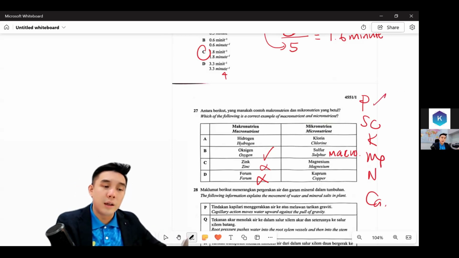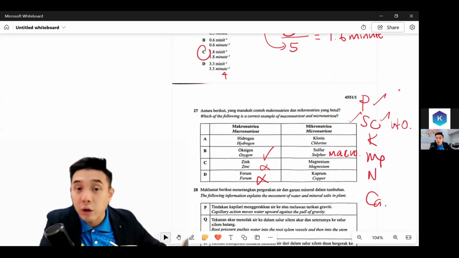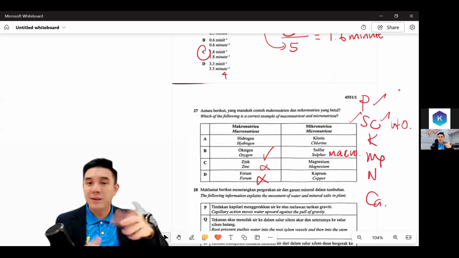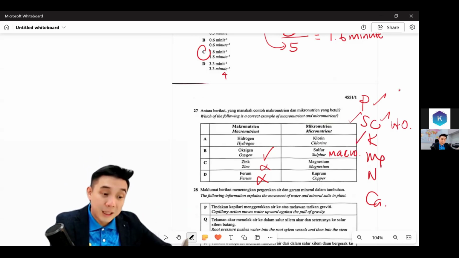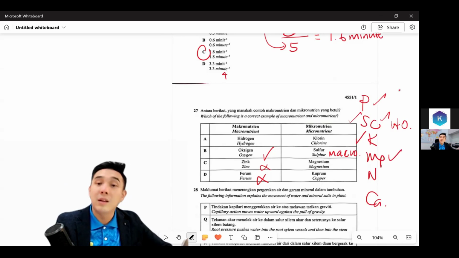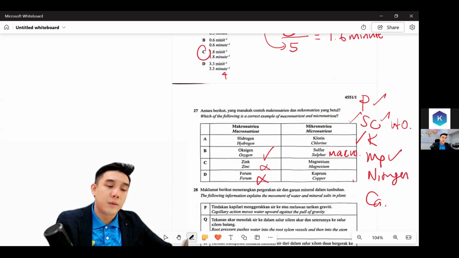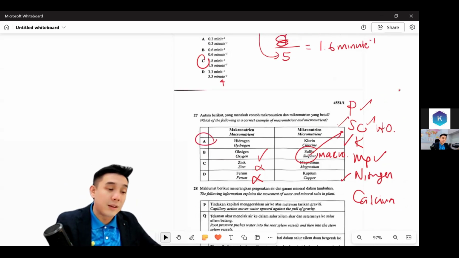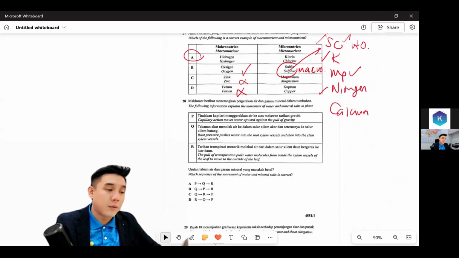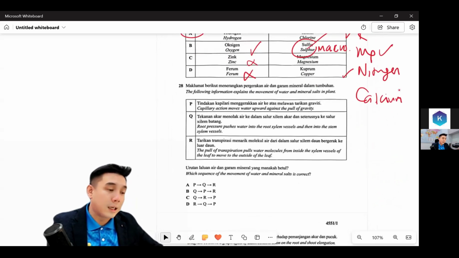So phosphorus, sulfur, carbon. When you remember carbon, include hydrogen and oxygen because these three are always together in the textbook, like best friends. Potassium, magnesium. This is not sodium. This is nitrogen. And then calcium. So you can see sulfur is here. The one that's correct is A, 27. 27 answer is A.